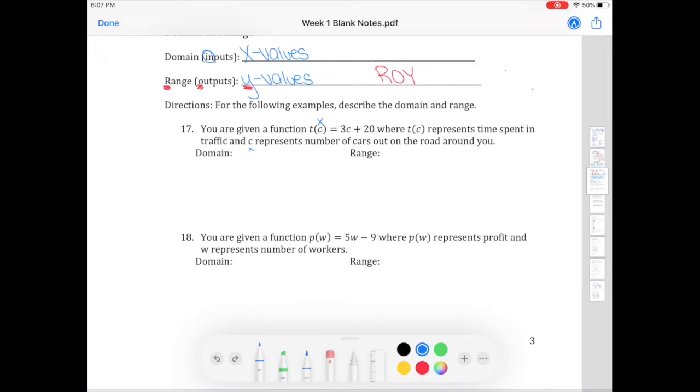Okay, so c is essentially your x. Remember, X goes with domain. So when it says C represents the number of cars, that's going to be your domain. I want you to write that underneath the word domain, number of cars out on the road, if you want to add that to your answer.